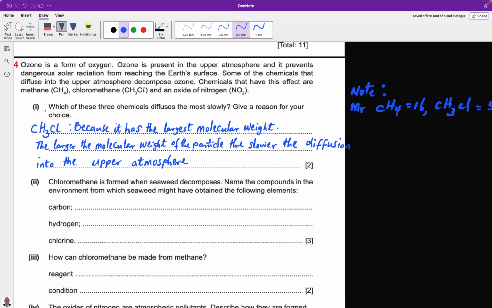Why? Because it has the largest molecular weight. And remember, the larger the molecular weight of the particle, the slower the diffusion into the upper atmosphere.